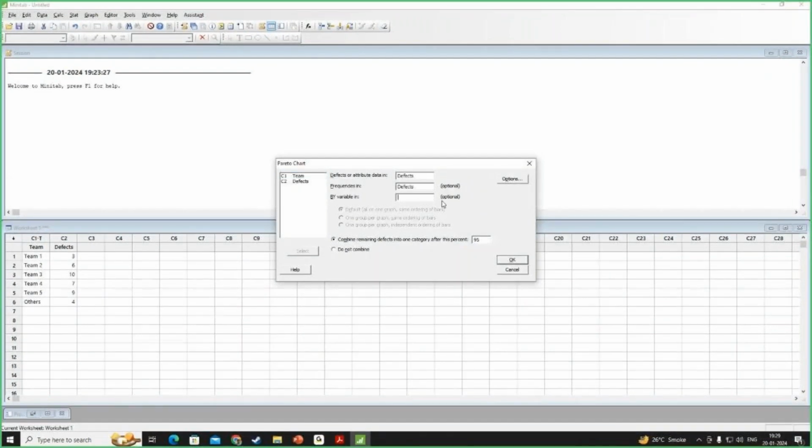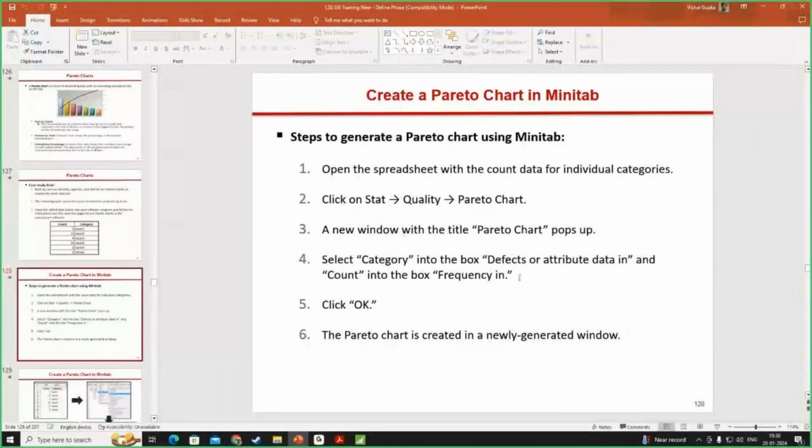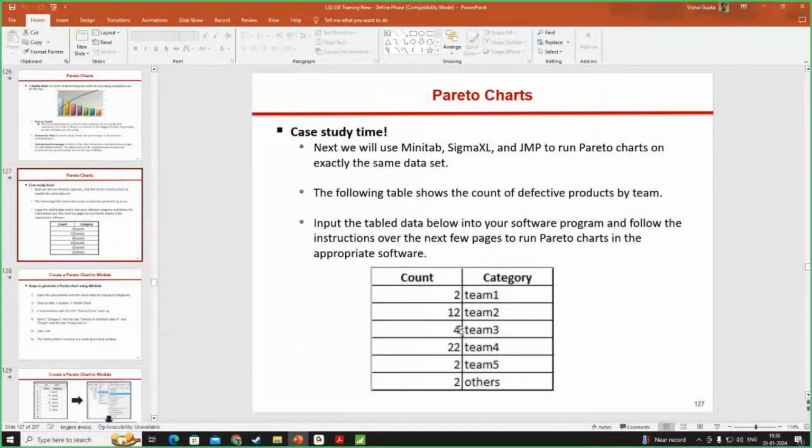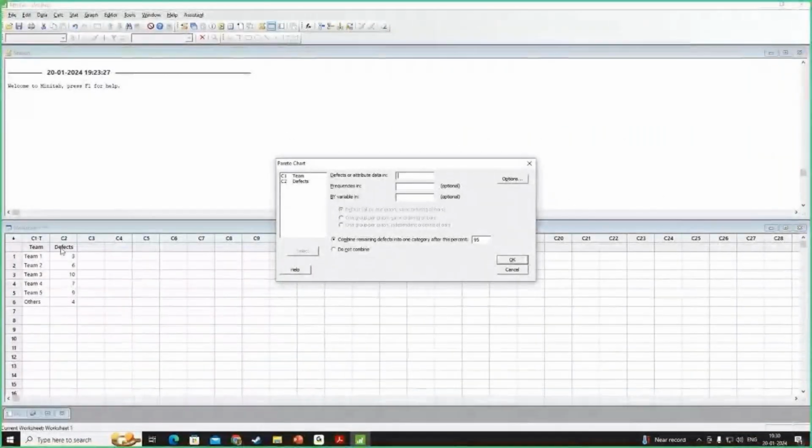Select category in the defects or attribute data box and count in the frequency box. Why is it not showing it? Did I make a mistake? Oh, it has mentioned count and category the other way around.